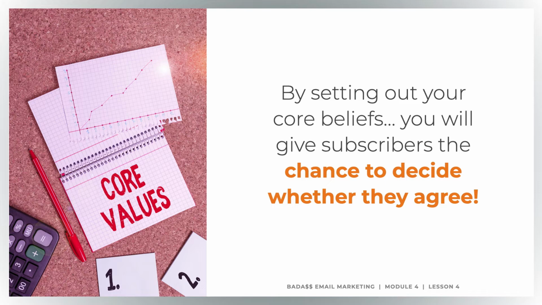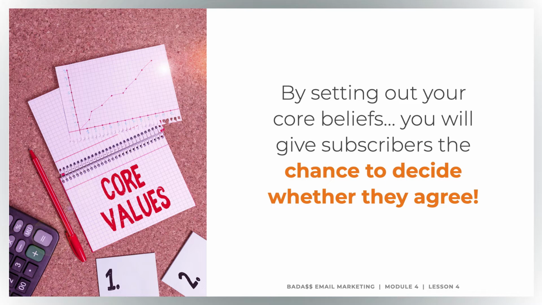By telling them those core values, you're going to get it. Now, again, I talk about radical giving as one of my core values, and it's part of my welcome sequence. Well, there's a chance that someone gets on my email list and says, well, I don't believe in that. And that's okay. If they don't want to believe in that, that's fine. But they should know that that's what I believe in. And the same thing with my concept of more cowbell.